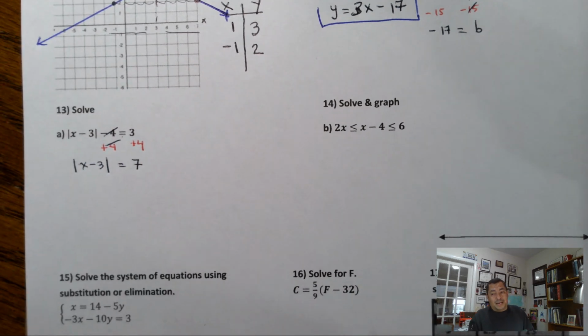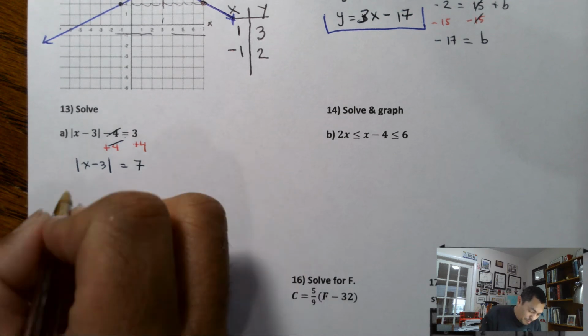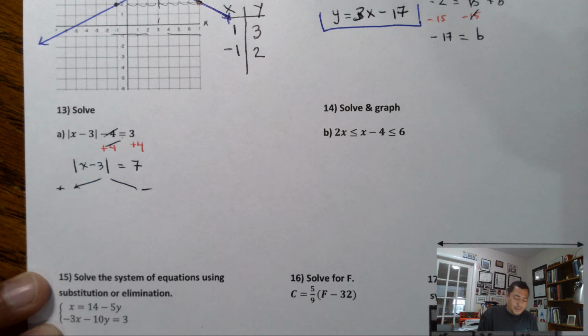Remember that an absolute value equation, we split it in two parts, one positive and one negative, because if we do the absolute value of a number, we have two outcomes, one positive and one negative. So I'm going to have a positive side and a negative side. The absolute value bars disappear.